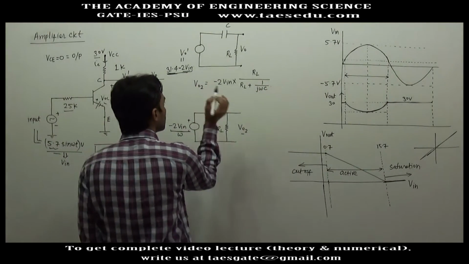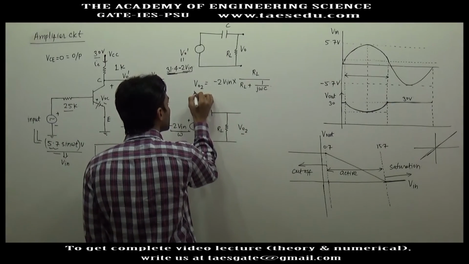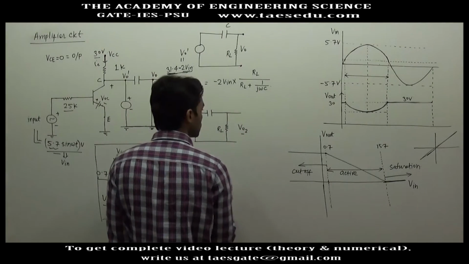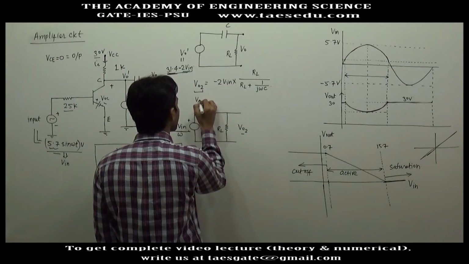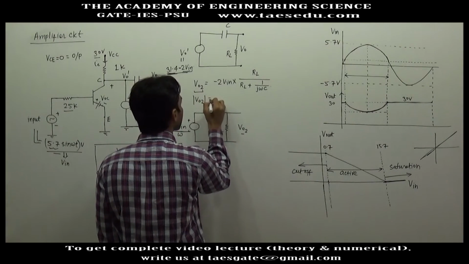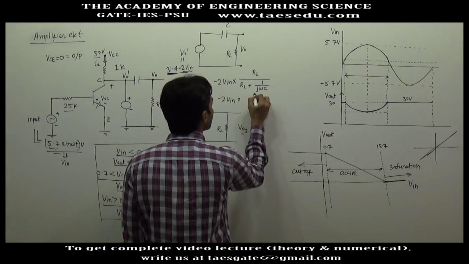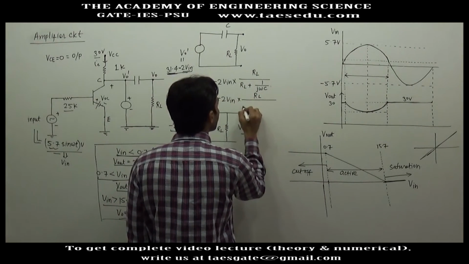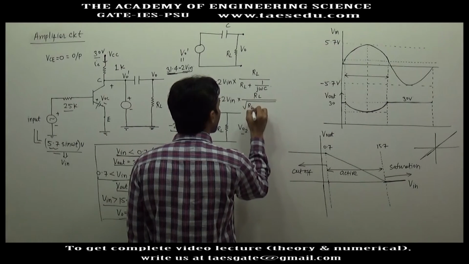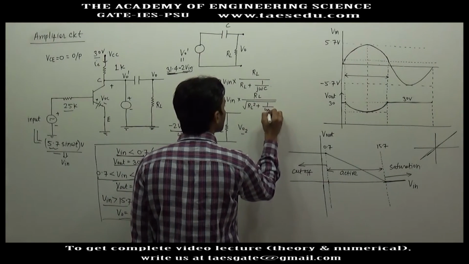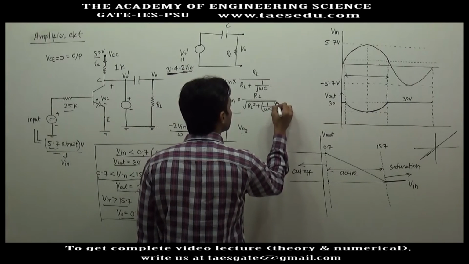Or if you are interested in finding the magnitude of the output voltage, the magnitude of V02 will be minus 2V input into RL divided by root under RL square plus (1 upon omega c) square.